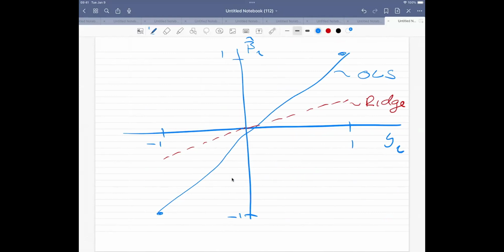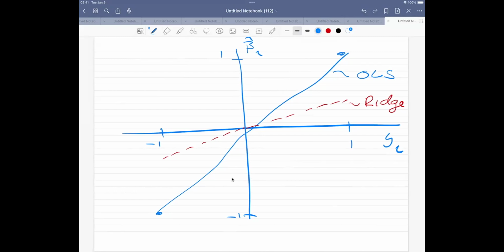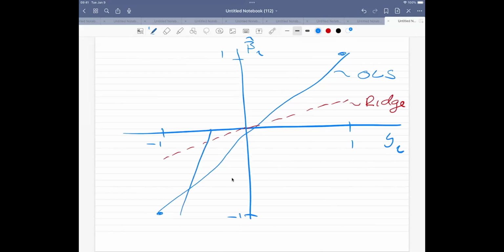If you look at the Lasso, then what happens in that specific case is that we could start something like this, and we go up to minus lambda half, and then it stays around 0, and then it goes up again. So this would be Lasso.